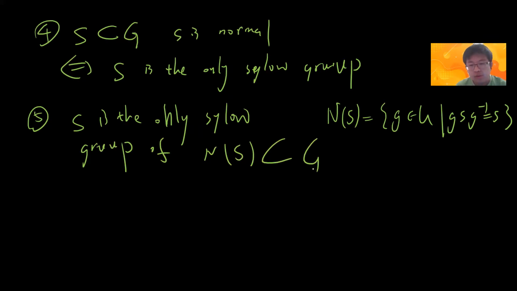So suppose you give me G and I give you S, a Sylow p-subgroup. I can construct the normalizer, and S is the only Sylow p-subgroup of the normalizer.